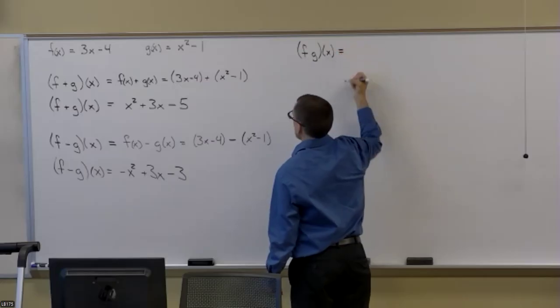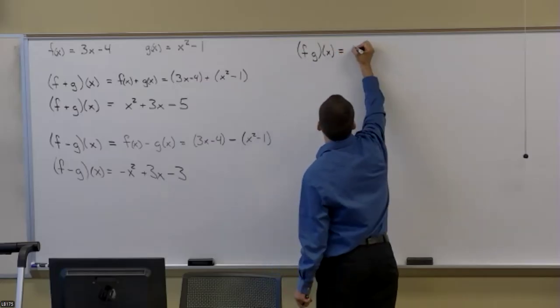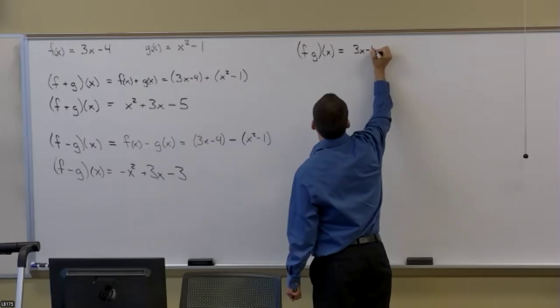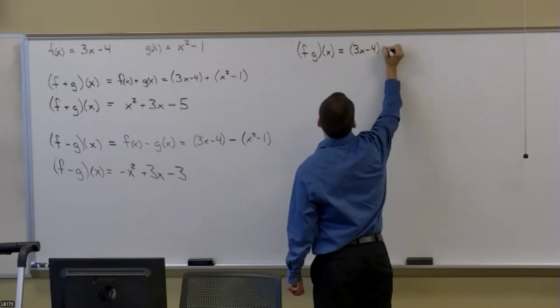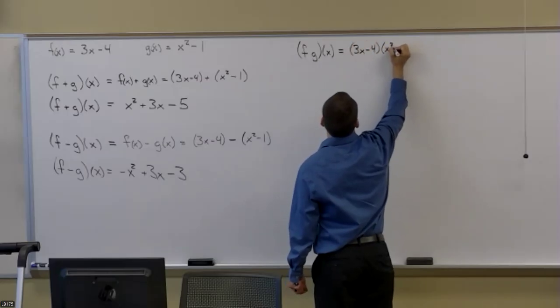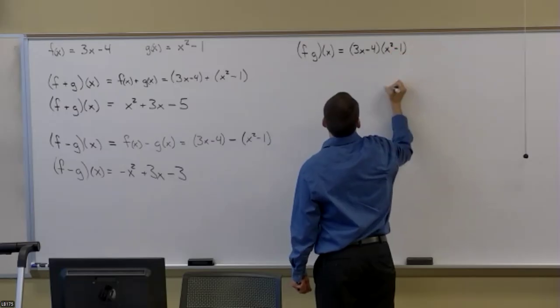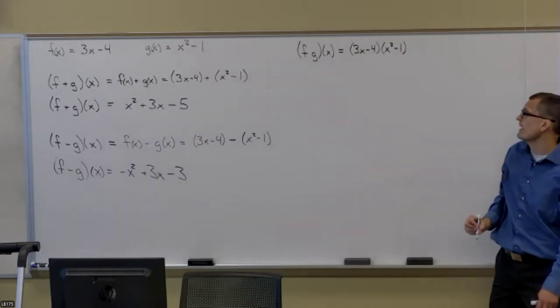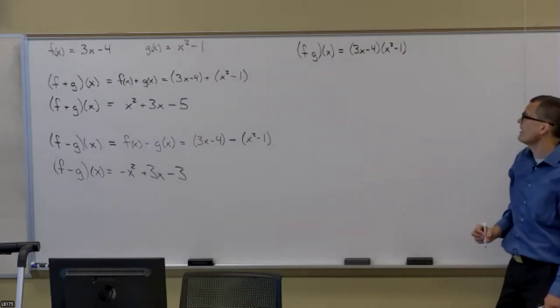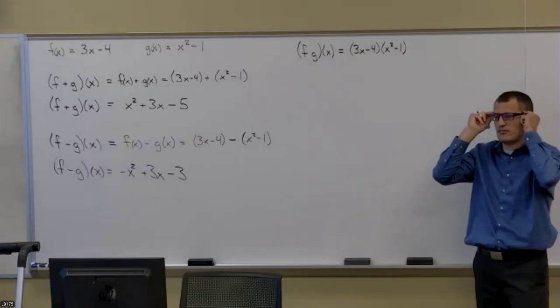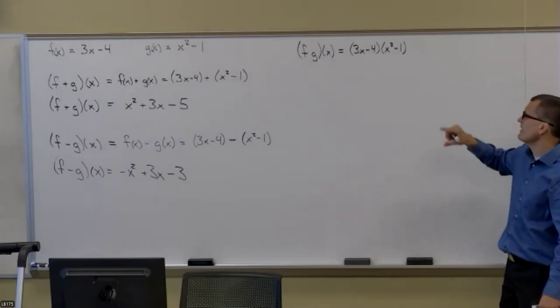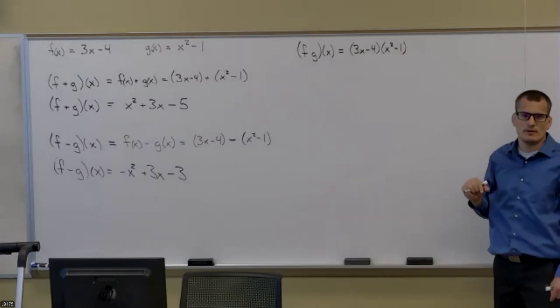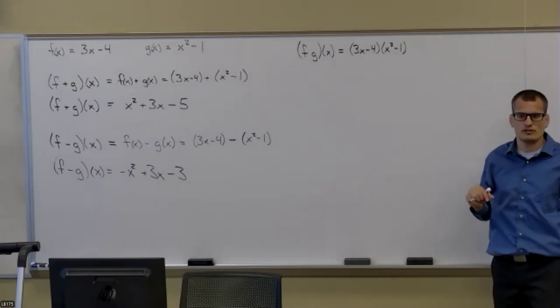f times g of x. I'm just going to multiply the two outputs: 3x minus 4 times x squared minus 1. If I do this, I'm going to have to remember how to multiply polynomials, essentially.